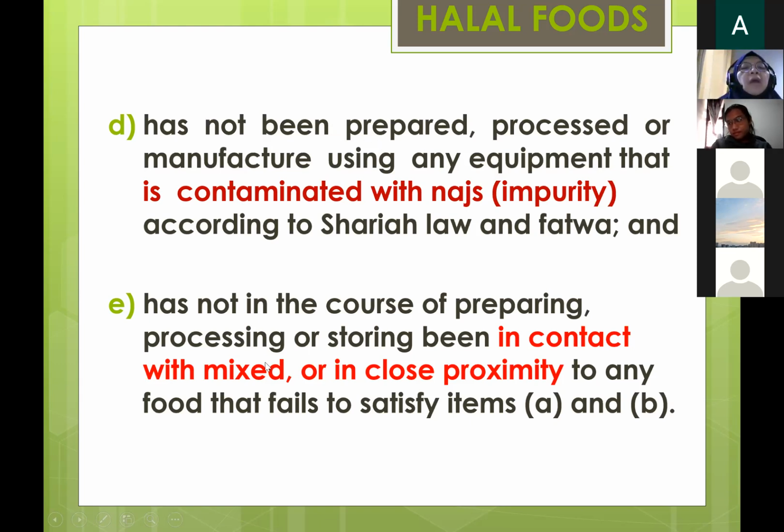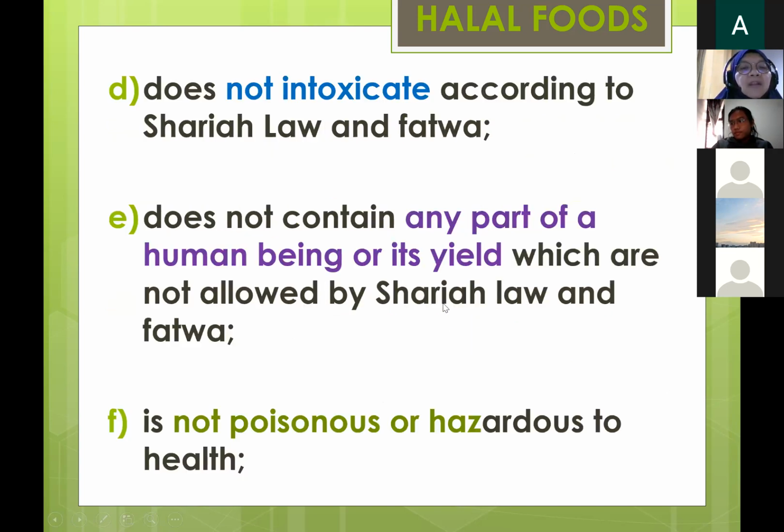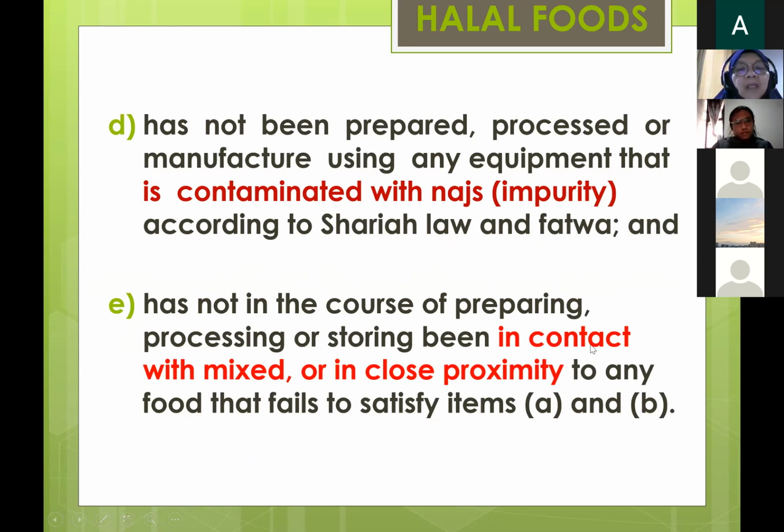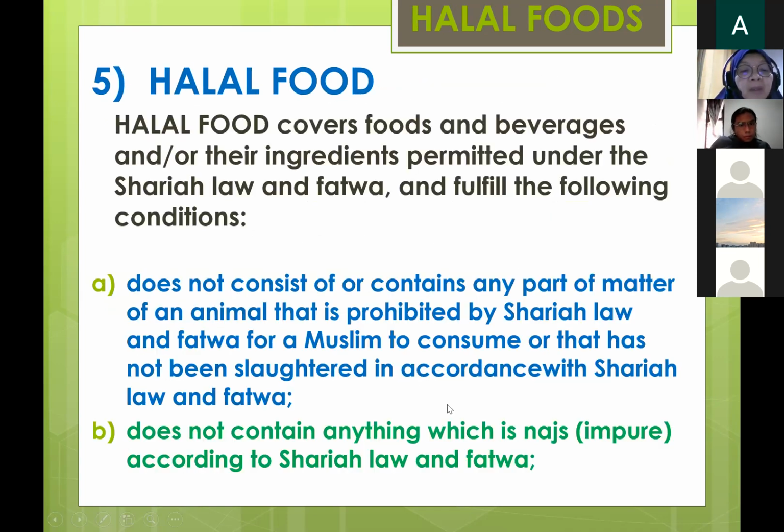Halal food has not, in the course of preparation, processing, or storing, been in contact, mixed, or in close proximity to any food that fails to satisfy A and B. So the food cannot be in contact with a non-halal animal. It cannot be in contact with, what is B?